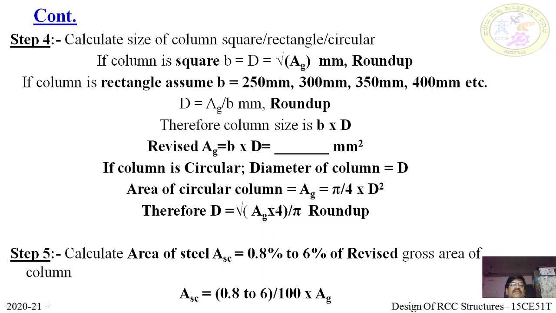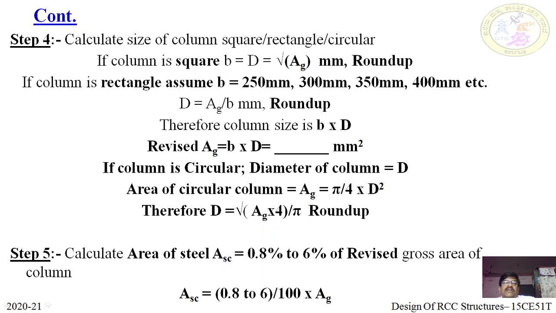So to calculate size of the column, square, rectangular or circular, if square, B equal to D equal to square root of Ag, round up that value, you will get the size of column. If it is a rectangular column, assume B equal to 250 or 300, 350, 400, etc. It is assumed in such a way that it is flush with the wall.